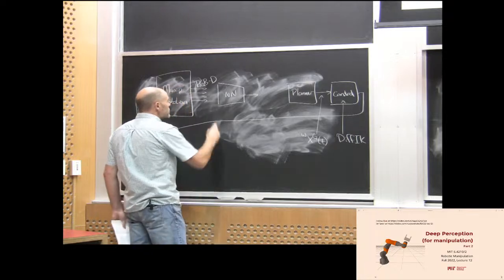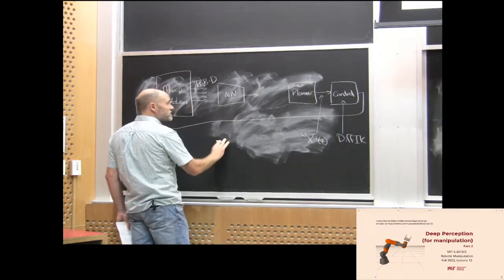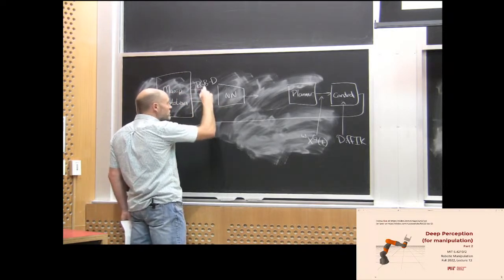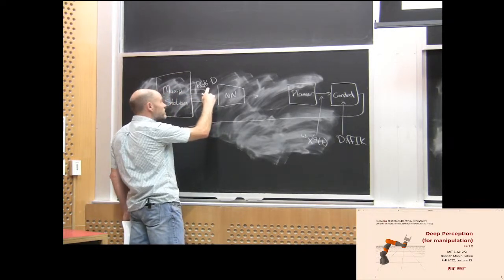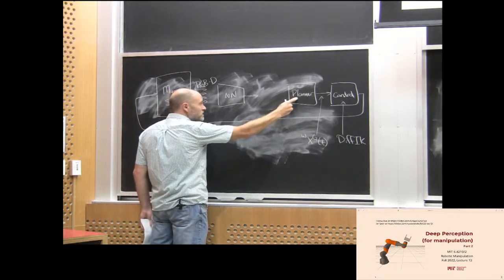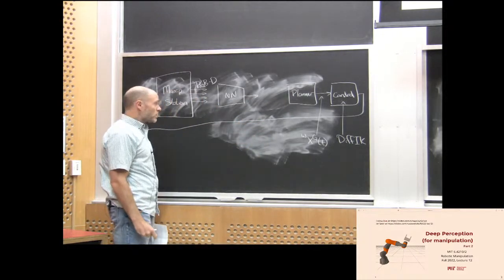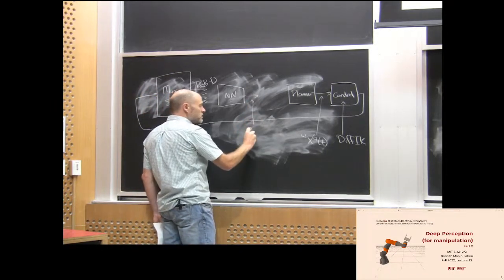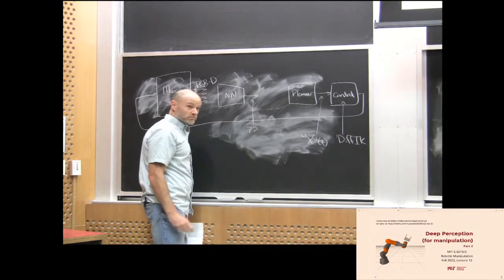The question really is, if we have this immense pipeline from deep learning that can work more natively with RGBD inputs, then how should we go from here over to the planner? What is the information that we most need for manipulation?